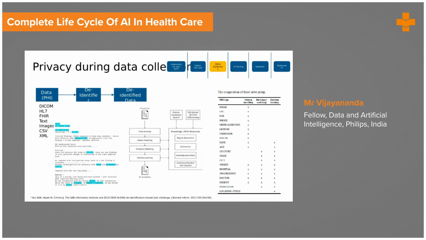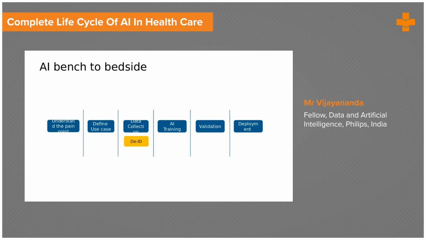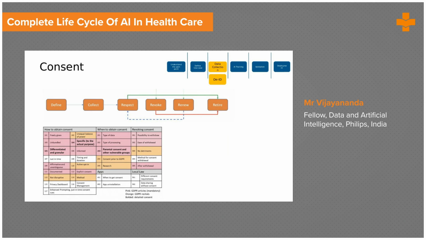And in this picture, you see that there are quite a few different types of approaches taken to identify the PHI. One is via pattern matching, it could be via a dictionary, or a number of things happening via machine learning itself. So I'm just adding this de-identification, which is an activity that needs to happen during the data collection.